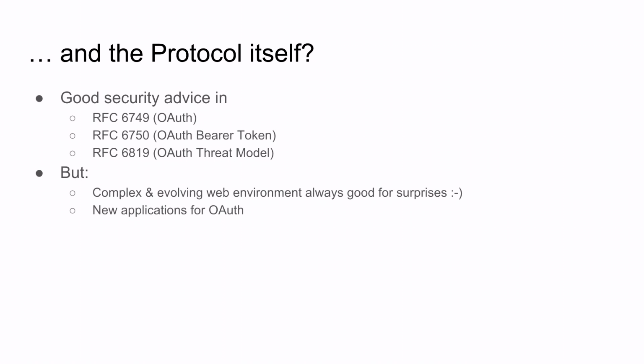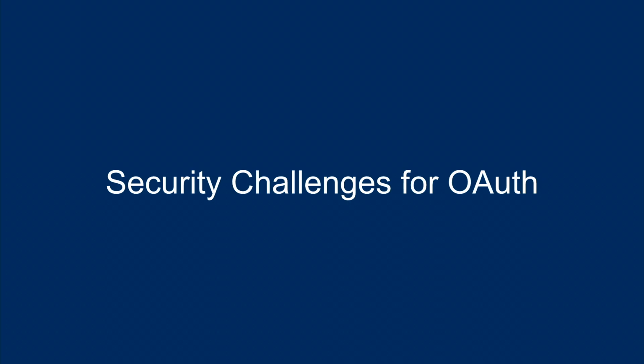We have a complex and evolving environment. So 2012 is 7 years ago. Many things changed since then. And we see OAuth being used in new applications that nobody even imagined in 2012. So what are the challenges that OAuth faces right now?